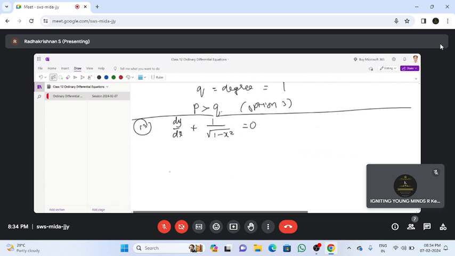So we can easily separate. Since dy equal to minus dx by root of 1 minus x square.